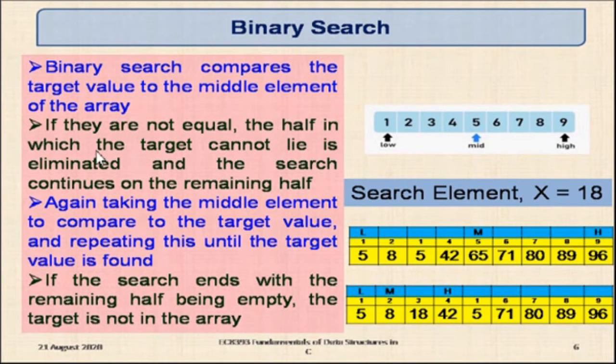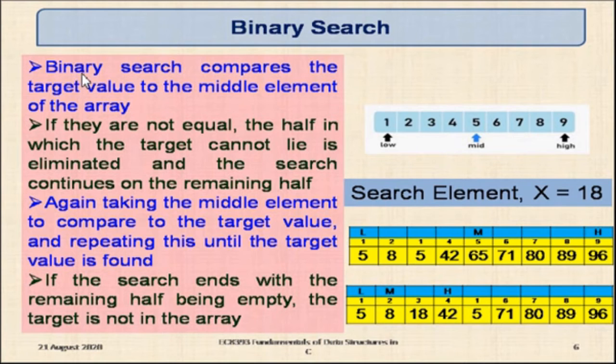If the item to be searched is available to the left of the middle value, then the pointer high H will be adjusted in such a way that it will point to the element 4 in this case. So one half will be eliminated totally, right?